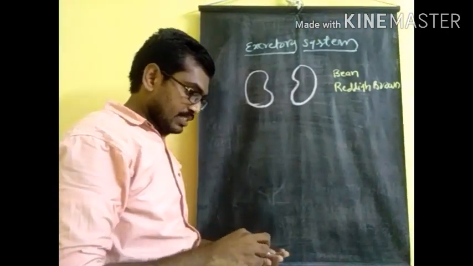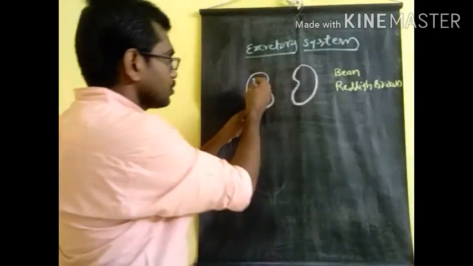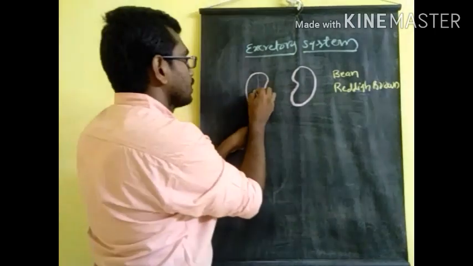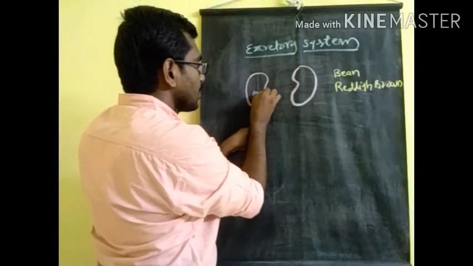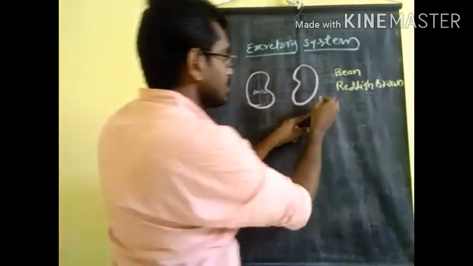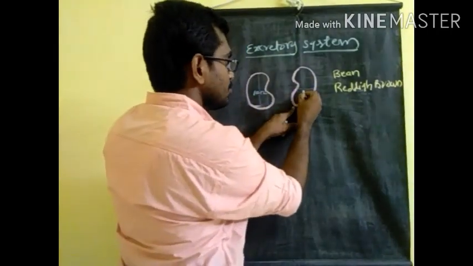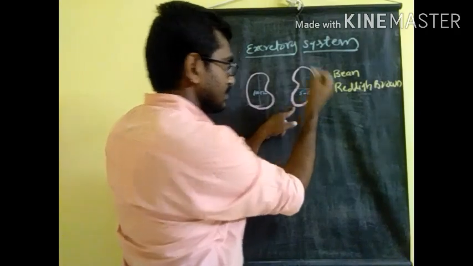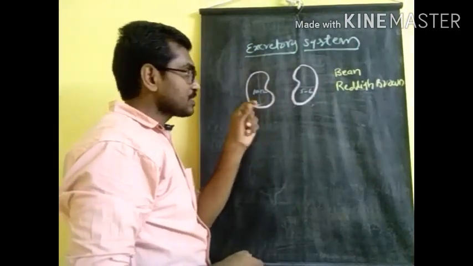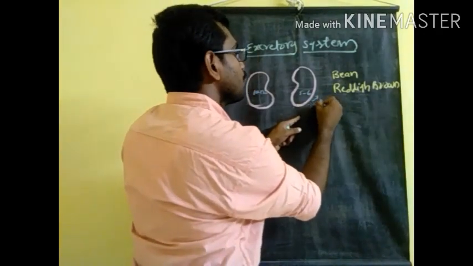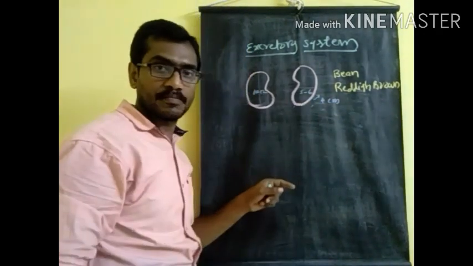Now the kidney measurements: the length of the kidney is about 10 to 12 centimeters, the breadth is about 5 to 6 centimeters, and the thickness is about 4 centimeters.